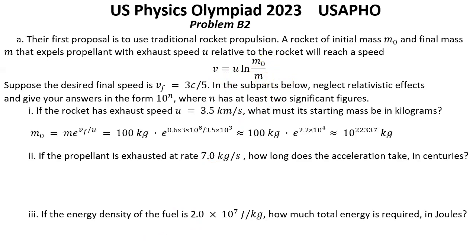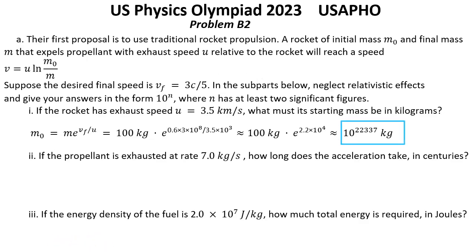So that will be m0 equal final mass m multiplied by exponent power v final over u exhaust, which is equal 100 kg multiplied by exponent power 2.2 multiplied by 10 power 4, which is approximately 10 power 22,337 kilograms. So that's the answer for question 1.